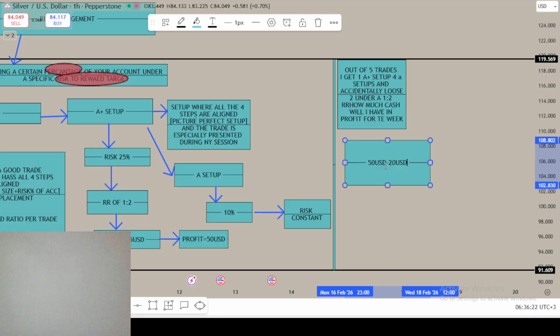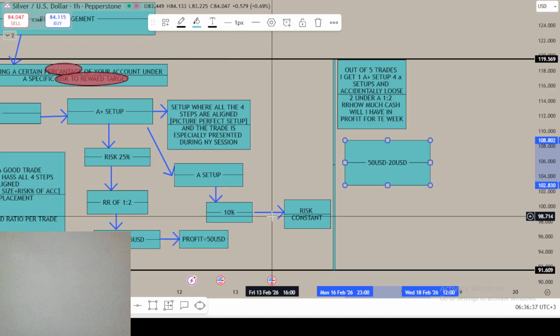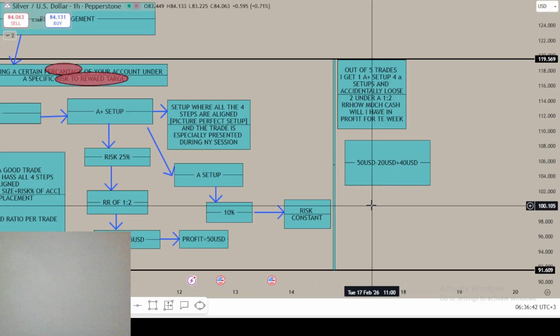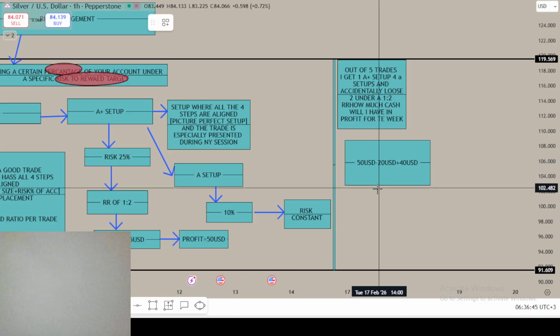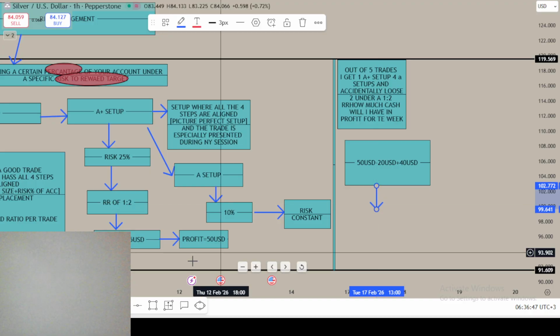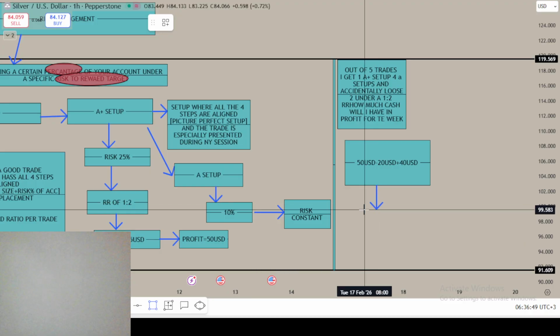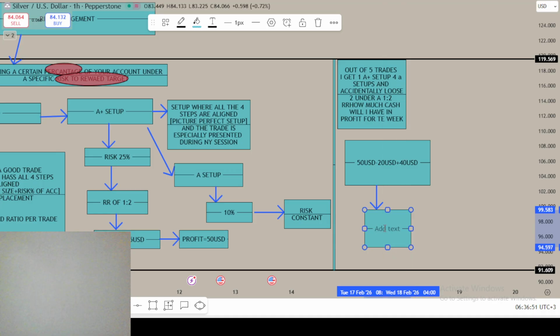I'm left with two trades. In these two trades, I'm risking 10% and 10% with a risk to reward ratio of 2, which is 20%. So in 1 week, I've made a profit of 70 USD.